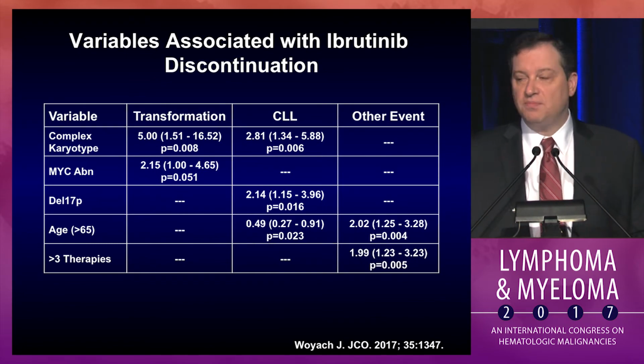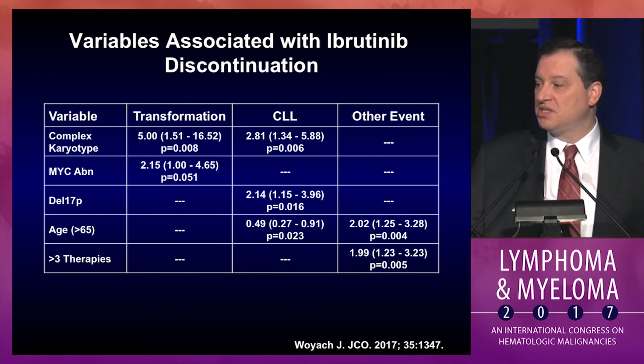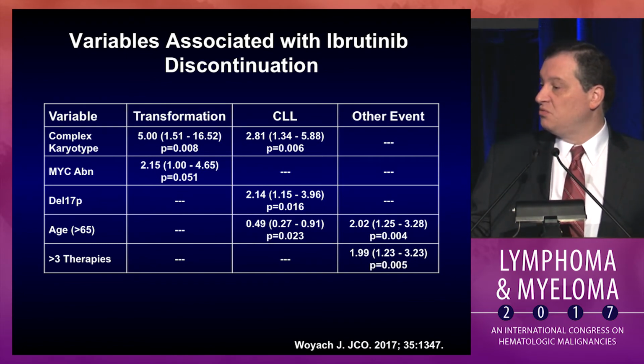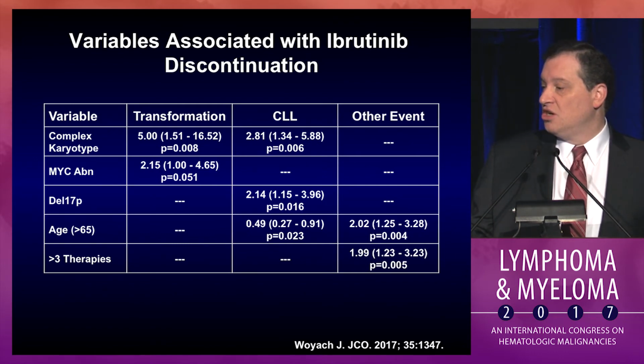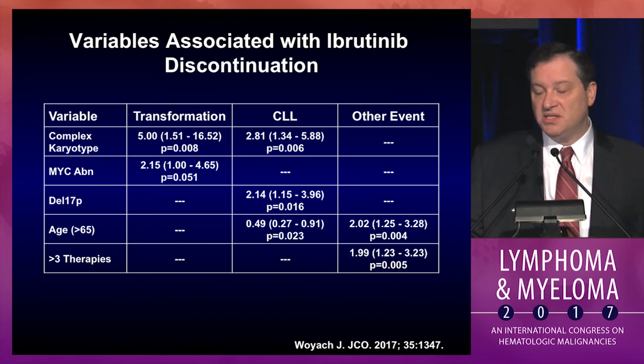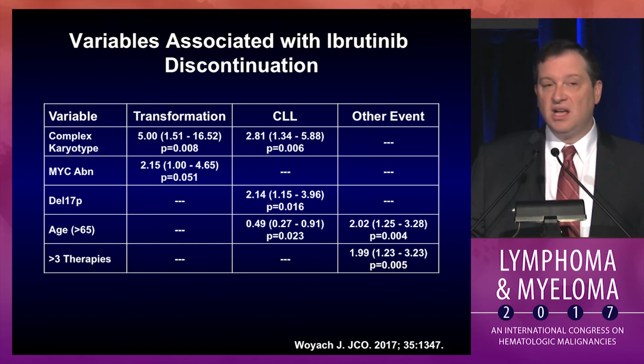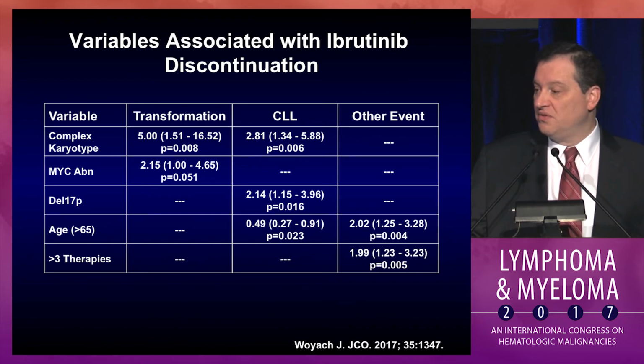So looking at the variables associated with ibrutinib discontinuation, focusing right now primarily on the transformation and the CLL components, you could see that complex karyotype and c-MYC for the risk of transformation really stand out as most important in this multivariate analysis.